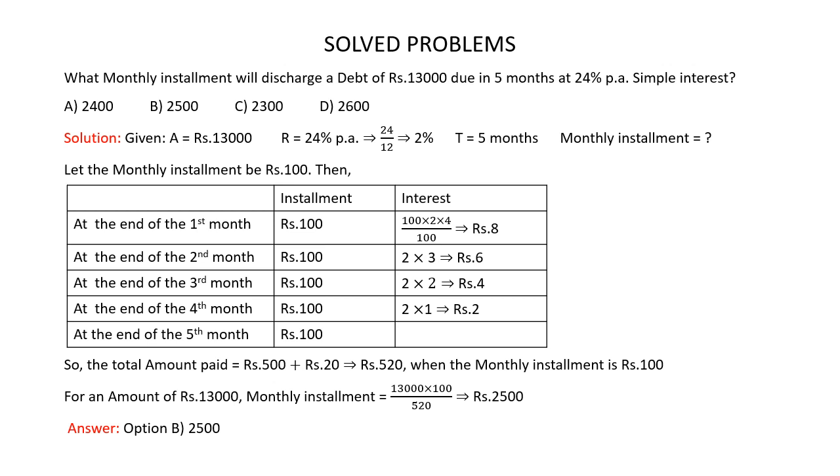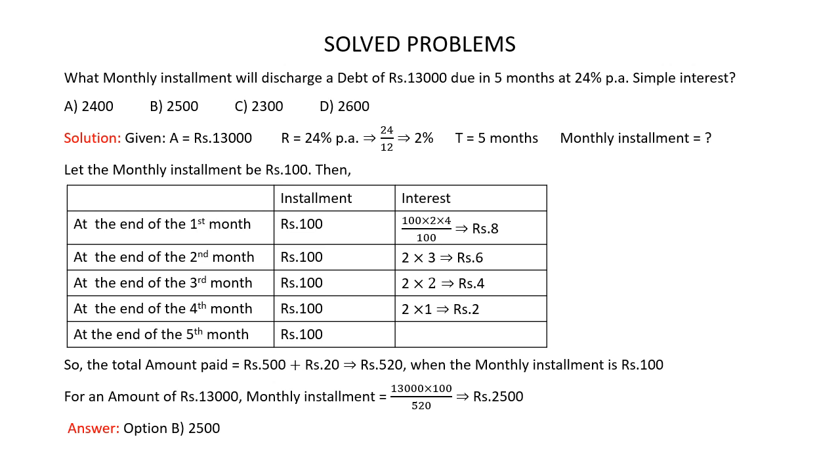So here the amount paid is 100 plus 100 plus 100 plus 100 plus 100, which is 500, plus the interest, 8 plus 6 plus 4 plus 2, which is 20. So the amount paid is 500 plus 20, which is rupees 520, when the monthly installment is rupees 100.